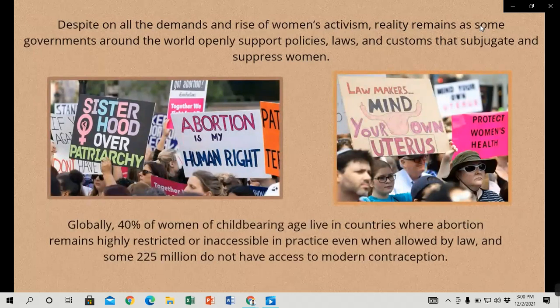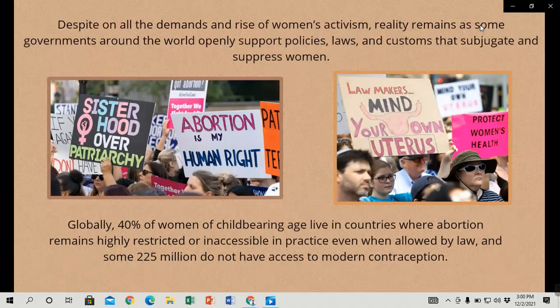The Philippines is a predominantly Christian country, and to be honest, in fact, we are the only country aside from the Vatican that is against divorce, diba? And the country is also against abortion.